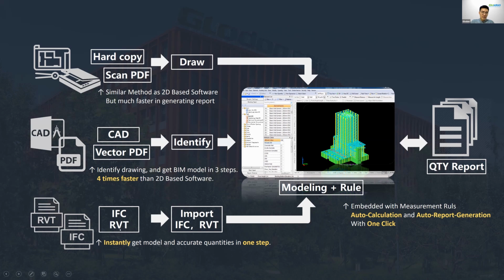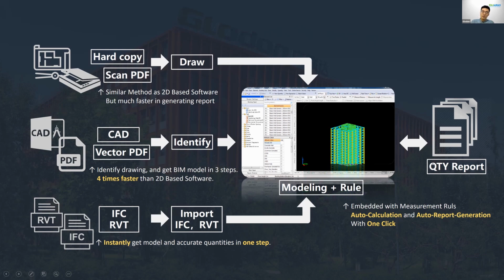furthermore, if you do the import, the software can actually turn your design model into a QS model. And combined with the embedded measurement rules, it can do auto calculation and also generate the report for you with only one click.